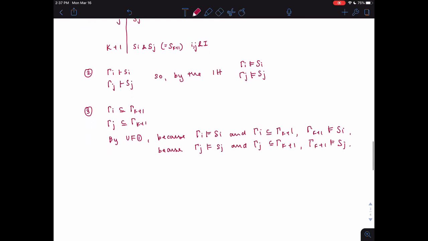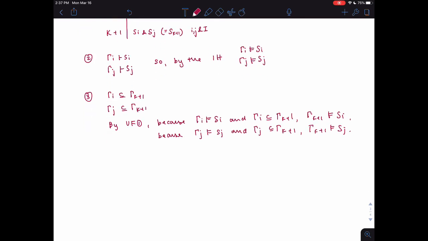Okay, so now we have these two claims about what is truth functionally entailed by gamma k plus 1. We have the fact that gamma k plus 1 truth functionally entails Si, and the fact that gamma k plus 1 truth functionally entails Sj. So now what we can do is appeal to the truth table for the ampersand in order to say why Si and Sj is true at k plus 1.